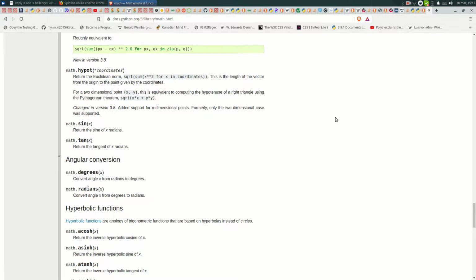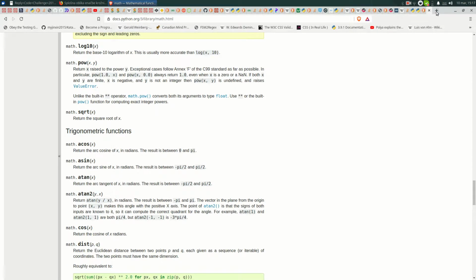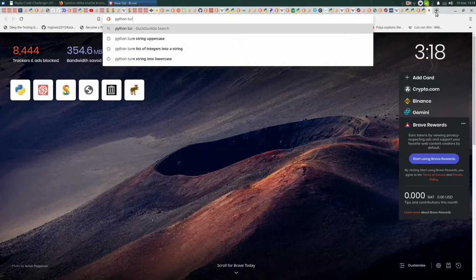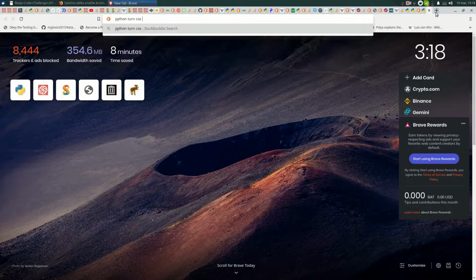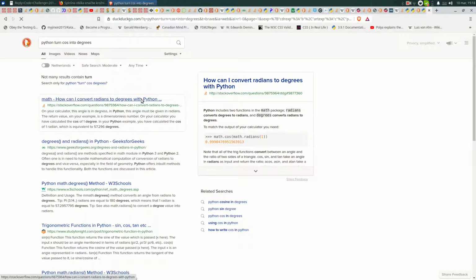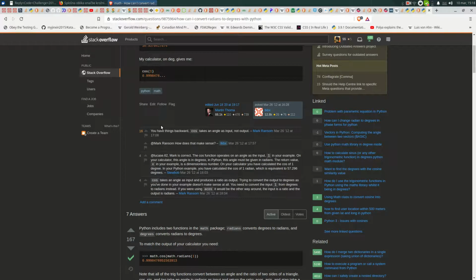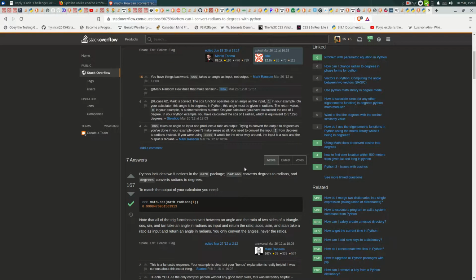So we just say, Python turn cos into degrees. Radians. Cos 1 radians converts degrees to radians, and degrees converts radians to degrees.